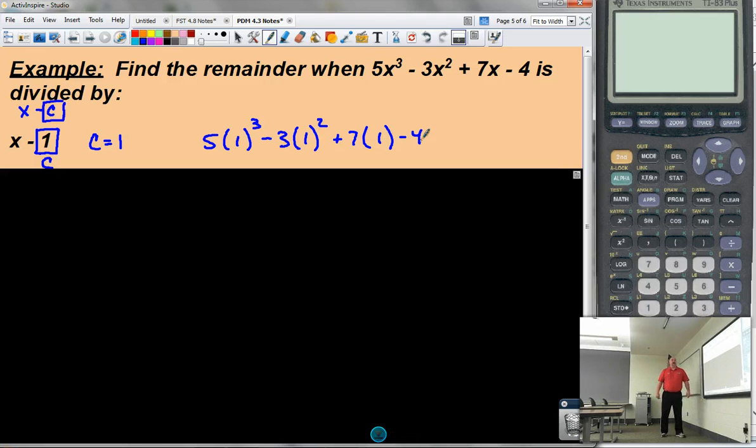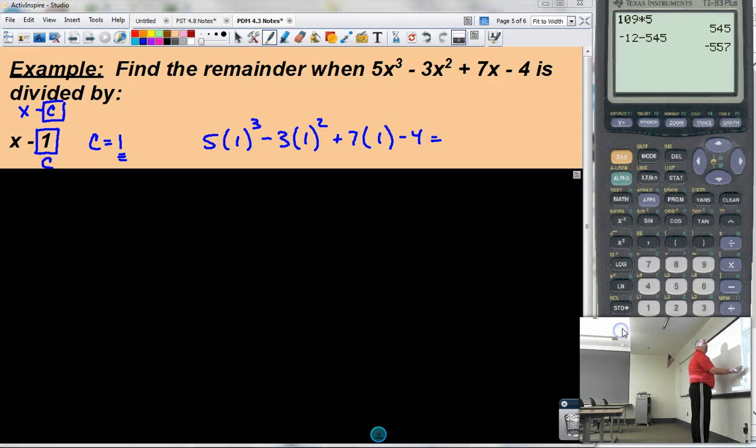So instead of setting up 5x cubed minus 3x squared plus 7x minus 4 divided by x minus 1 and go through the whole process of long division, I can just take my c value, which in this case is 1, and just plug 1 into my original polynomial.